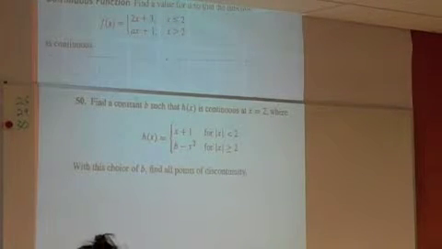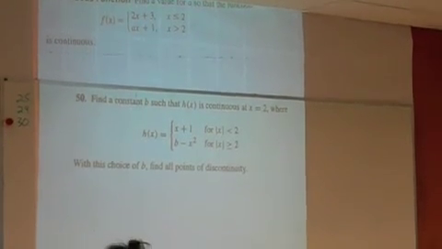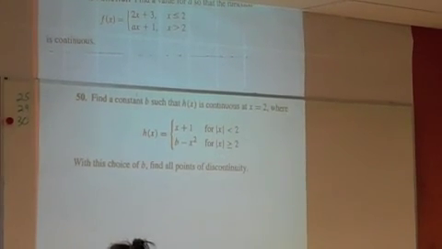So it's going to follow the top rule for x values between -2 and 2. And it's going to follow the bottom rule for x values bigger than or equal to 2, and less than or equal to -2. So with that information, see if you can solve for this b to make this thing continuous at 2, just at 2.